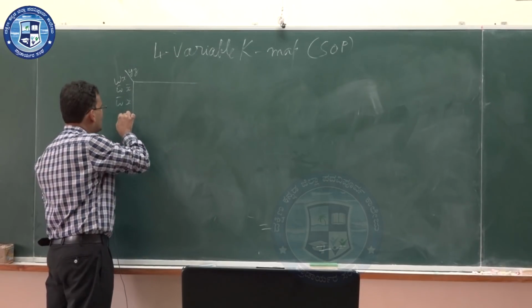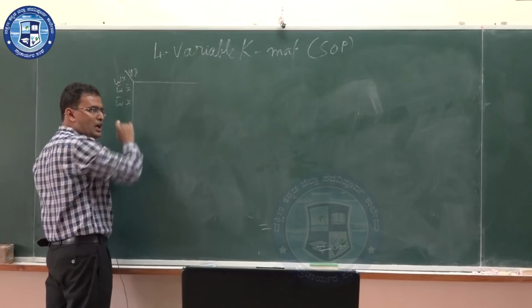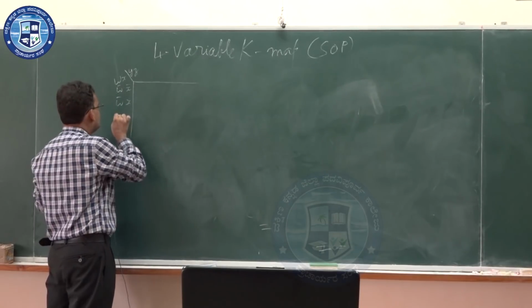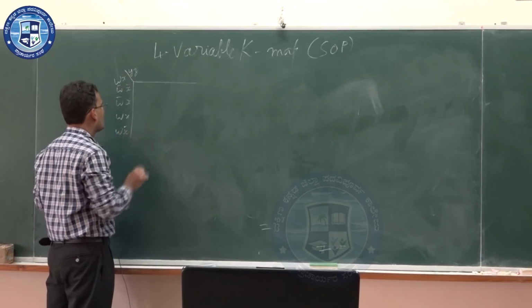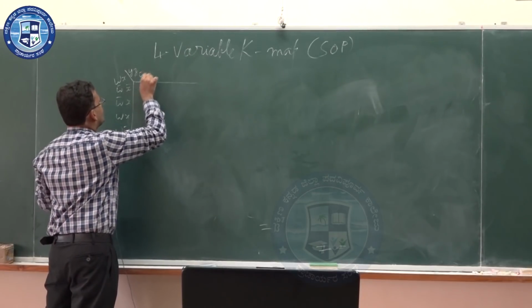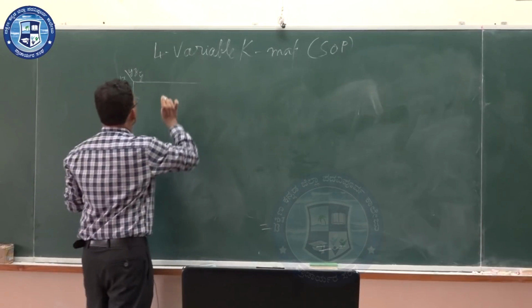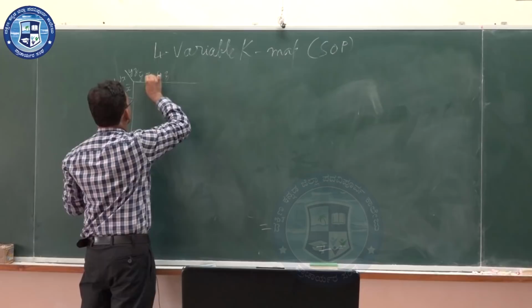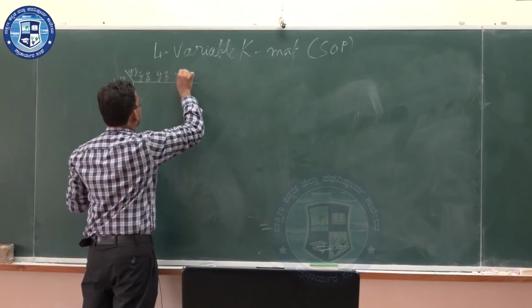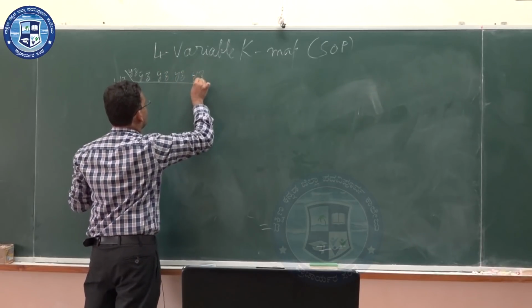I cannot write W X bar here because at a time only one bit has to be changed. So, it is W X and W X bar. Here it is Y bar Z bar, Y bar Z, Y Z and Y Z bar.